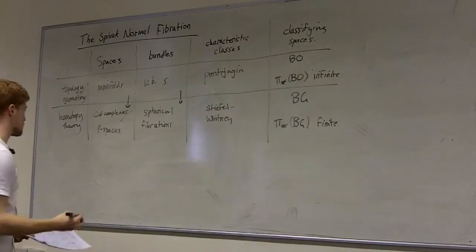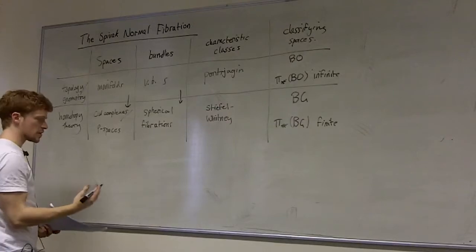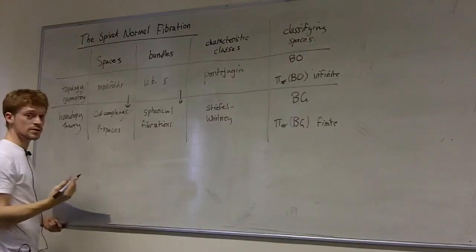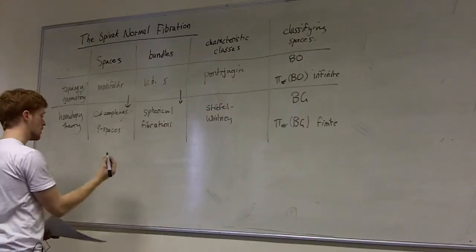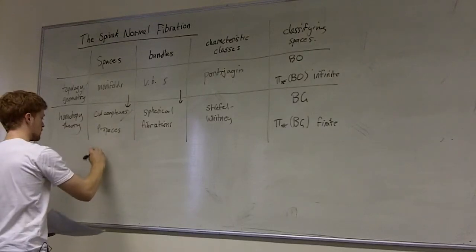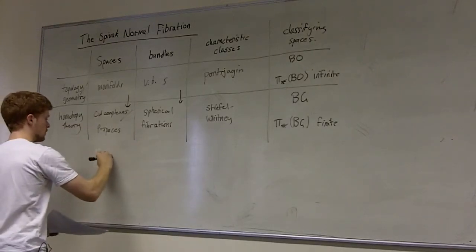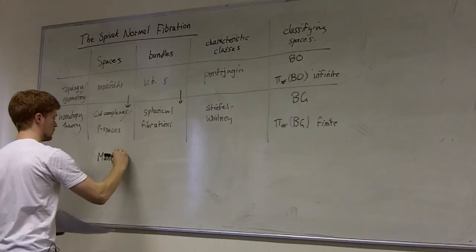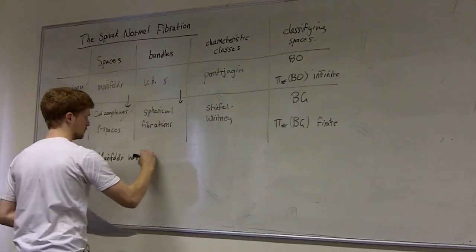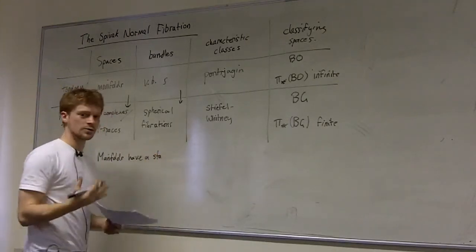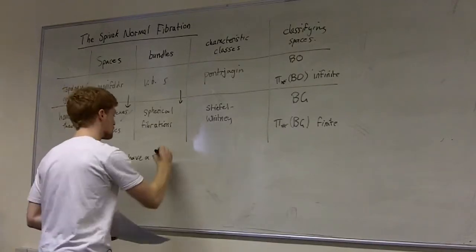Okay, so then we've got this object that we've been interested in for a while now in this course, the stable normal bundle. So vector bundles, manifolds have a stable normal bundle, and I just mentioned a few properties that the stable normal bundle possesses.